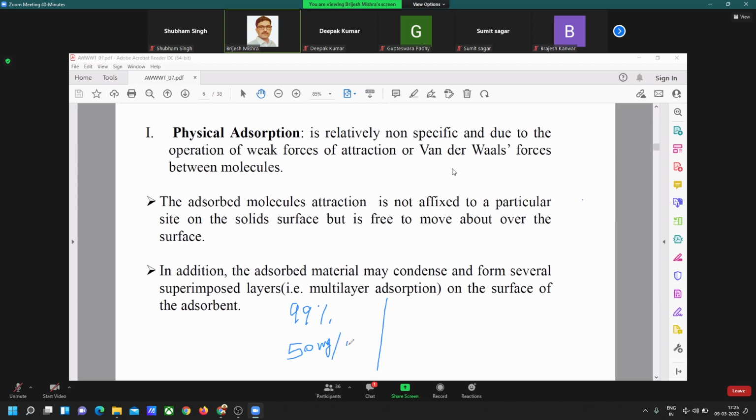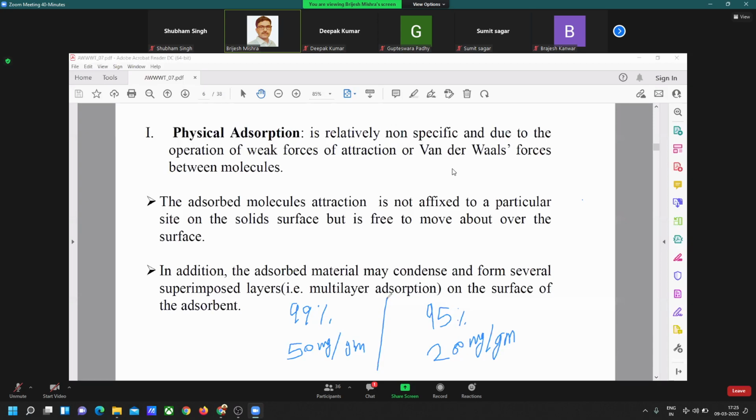This is as per his laboratory condition. The second student got 95% removal and 200 mg per gram. Can anybody explain the significance of both data?